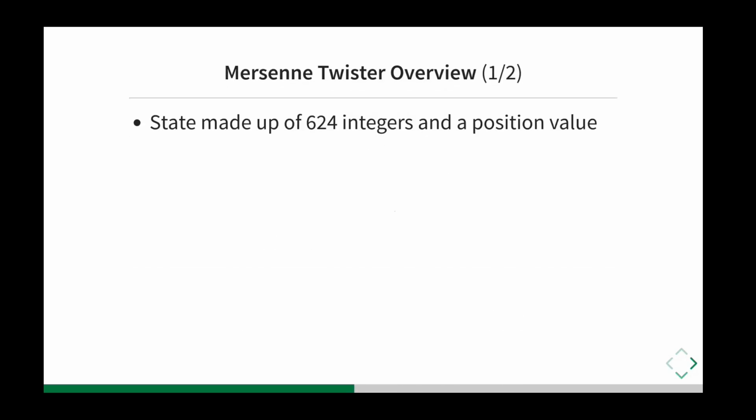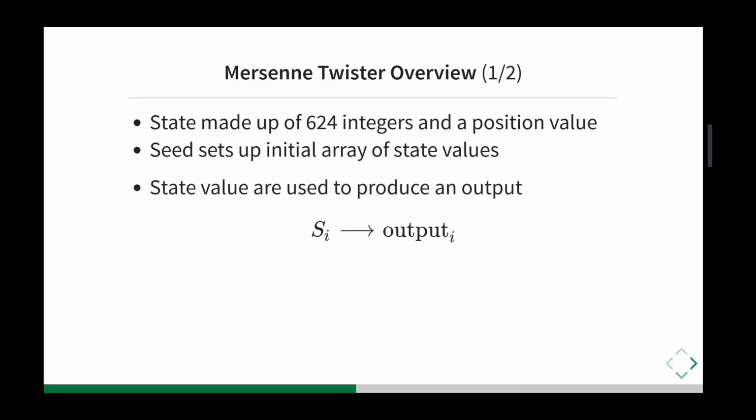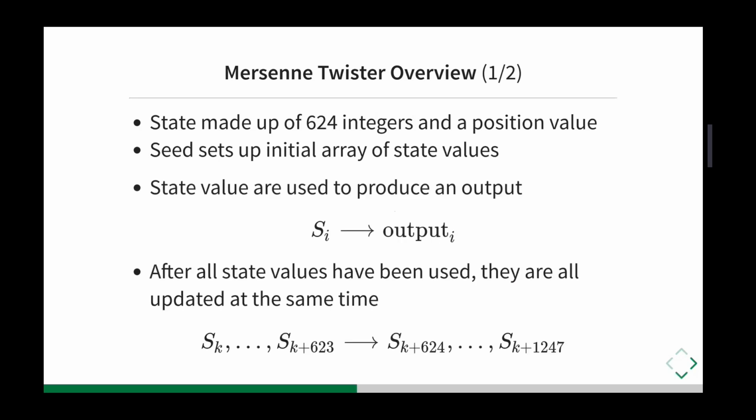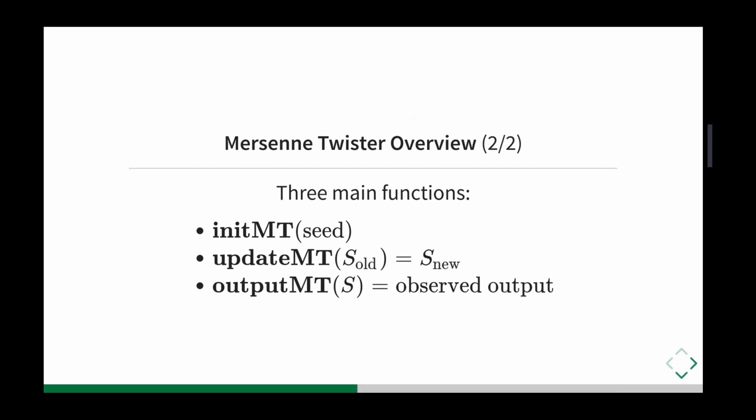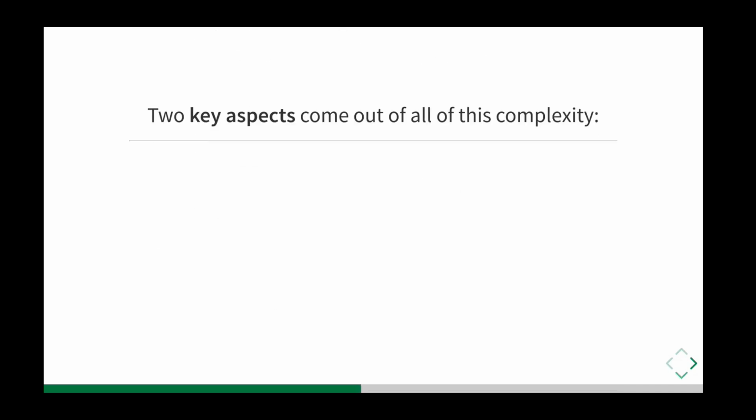We have the state, which is made up of 624 integers and a position value. The seed is used to initialize the array. The state values are used to produce the output. And after all the state values are used, they are updated at the same time. And this gives us 3 main functions: the init MT, the update MT, and the output MT. Initialization, update, and output generation.